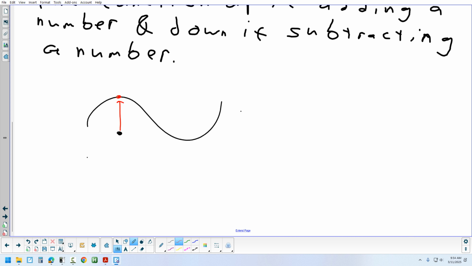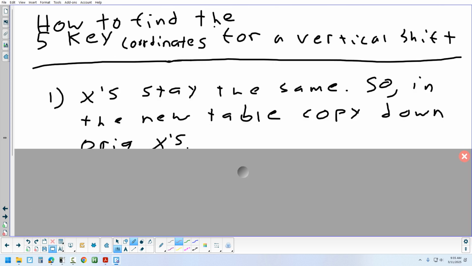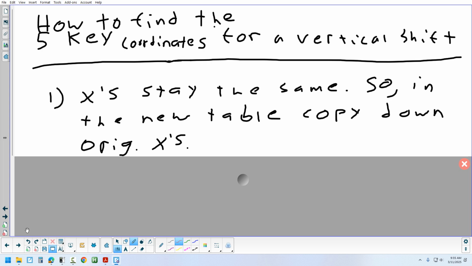What part of the coordinate would have to change to make that point move from there up to there? Yep. The y coordinate. The x coordinate would stay exactly the same. So just like we did in the last transformation, copy the x's down from your original table. Okay, there's no change.